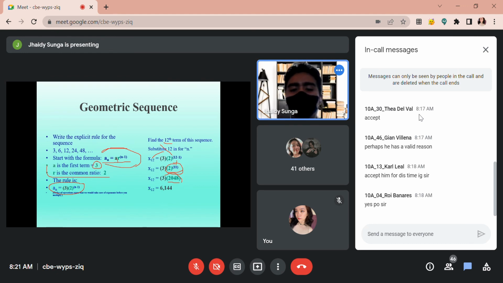So we now have 6144. So was it clear? It's like repeating and repeating, no? The only thing that changes is the formula, but the process in getting the answer for the nth term is just the same.